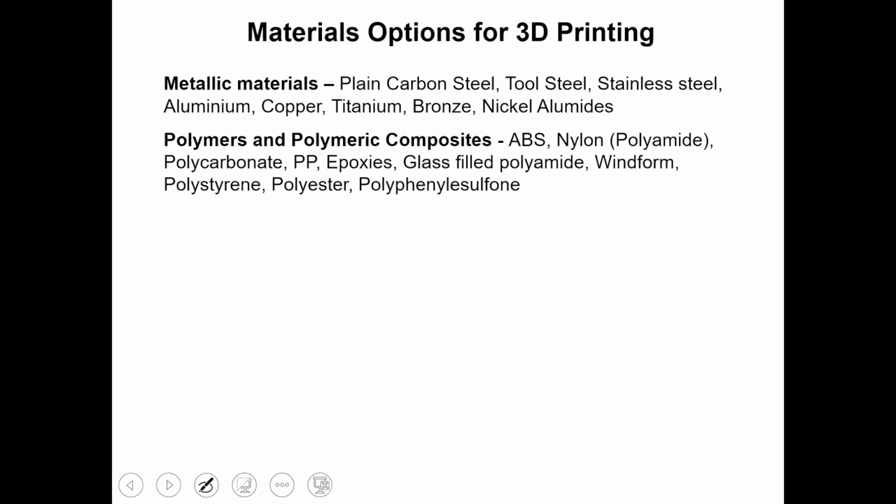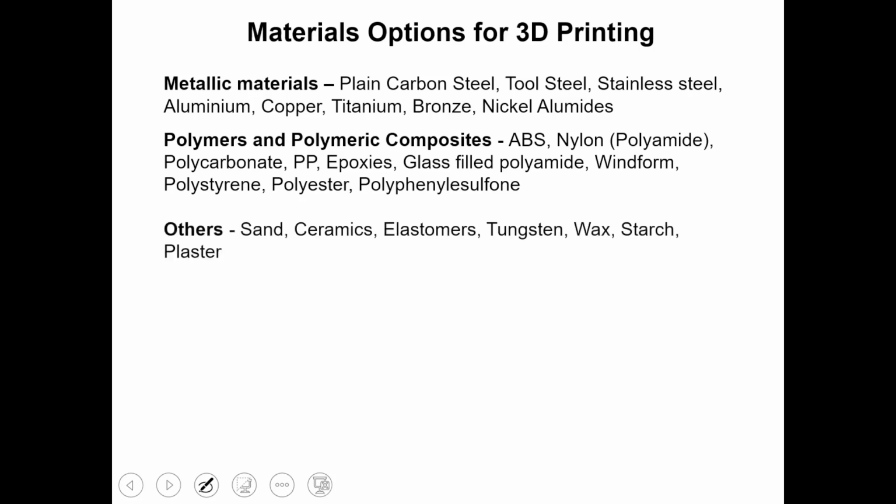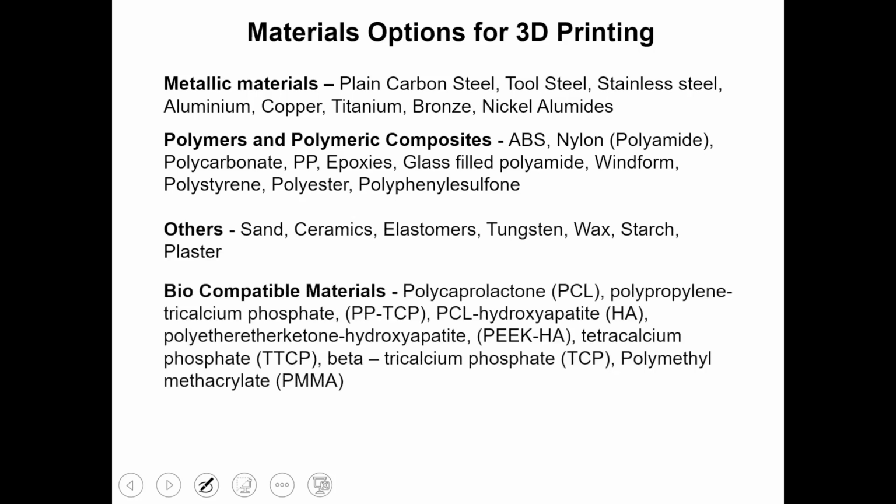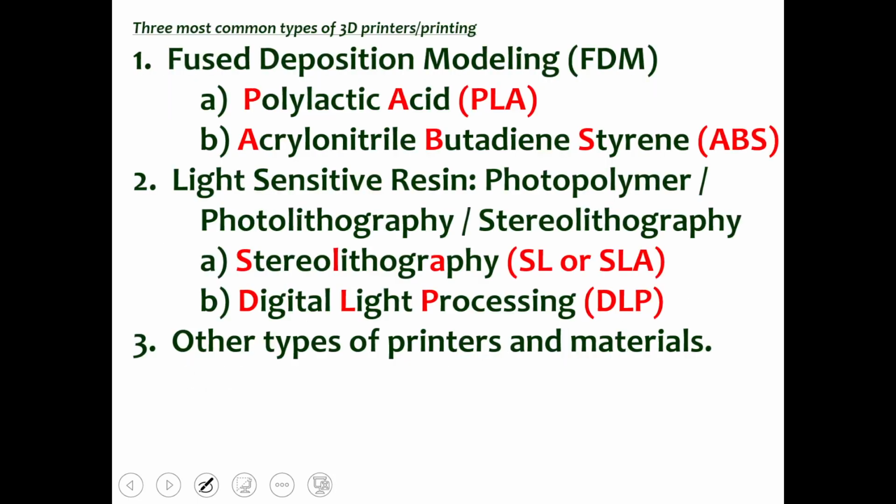Polymers and polymer composites include ABS, nylon, polycarbonate, PP, epoxies, glass-filled polyamide, foam, polystyrene, sand, ceramic, elastomers, tungsten, wax, and starch. Biocompatible and degradable materials include PCL, TCP, hydroxyapatite HA, TTCP, and PMMA.